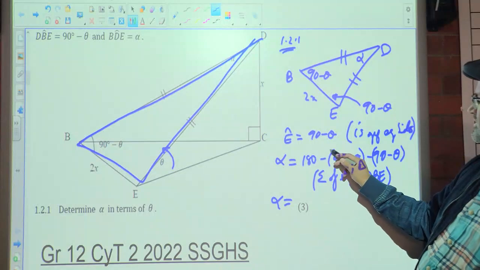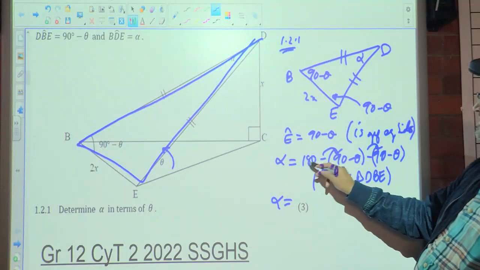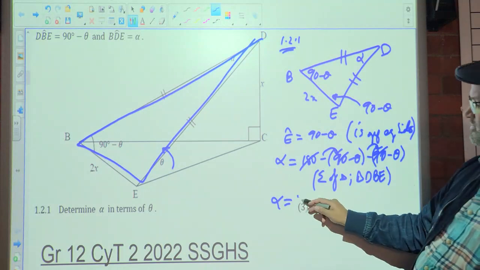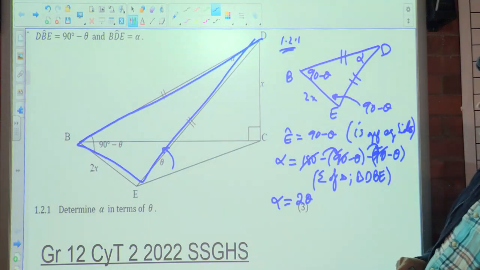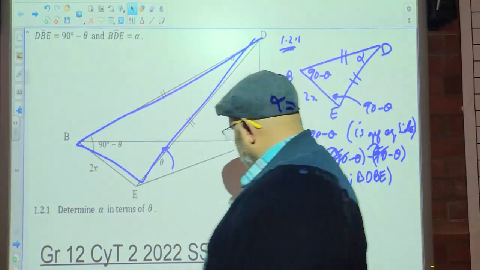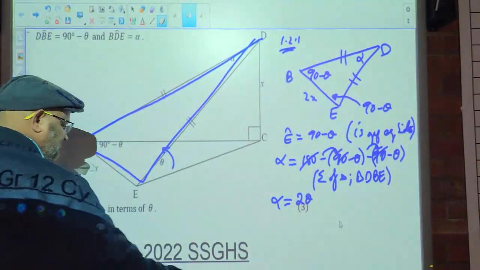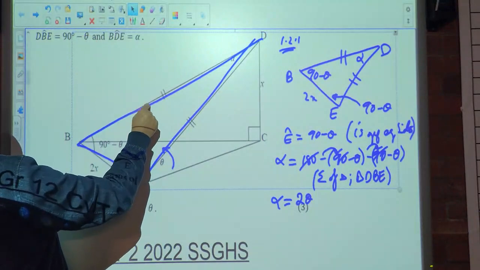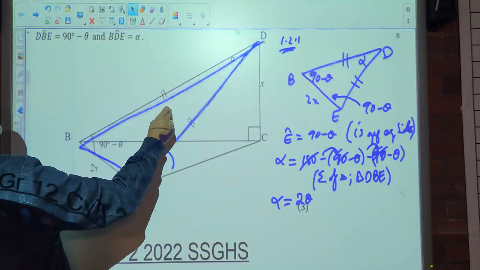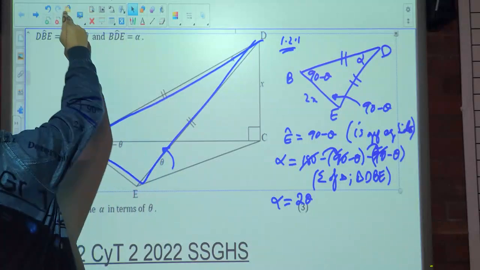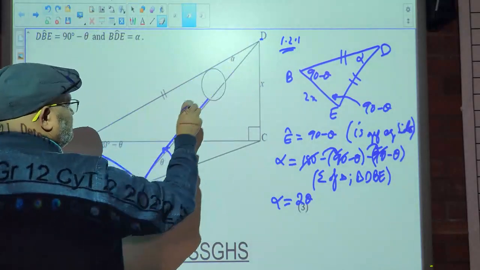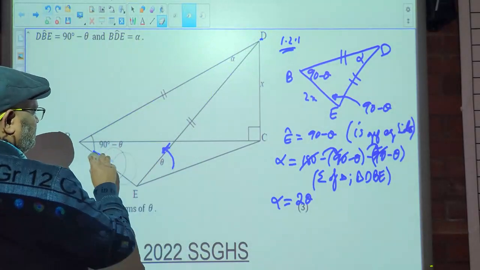So 180 minus 90 minus 90 is 0, so that cancels, plus theta plus theta is 2 theta. So alpha is 2 theta. You all okay with that?